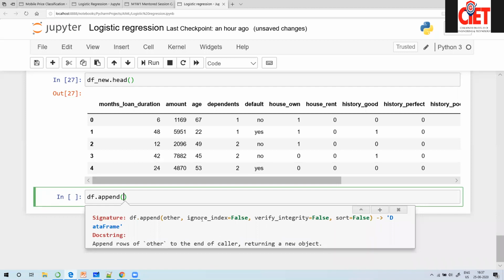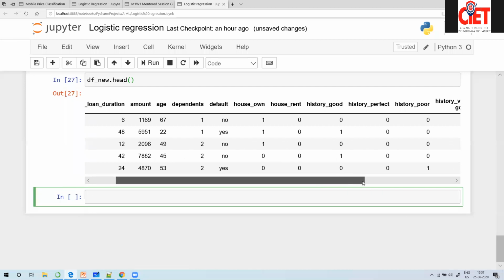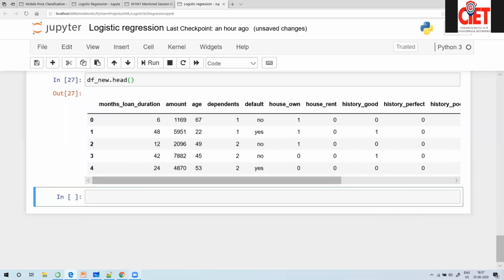It's generally for appending the rows, not for columns. That's the reason I'm using concat. Though it has a method called append, it's typically for the rows, not for the columns. If there is an option to do columns, we can do that. Concatenate is doing it, so I'm going with concatenation.